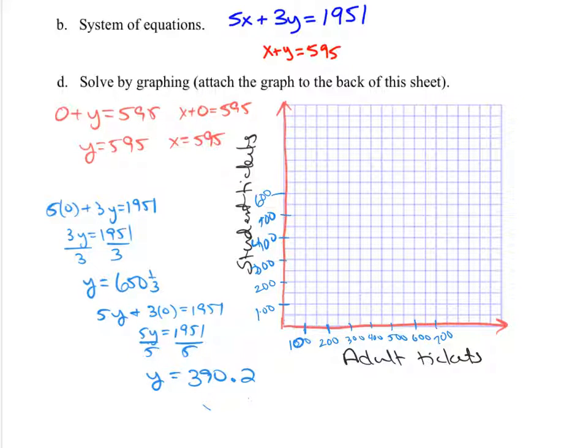And now I'm going to graph. So the first one that I'm going to graph is going to be this red one. So I'm going to have an x-intercept at 595, get that really, really close to 600. A y-intercept of 595. And then my goal is to try to have the best straight line that I can.